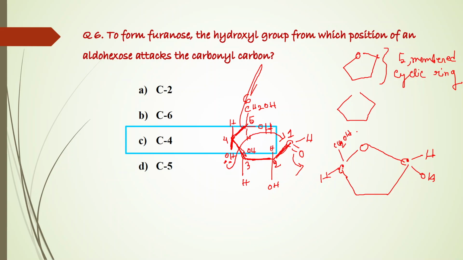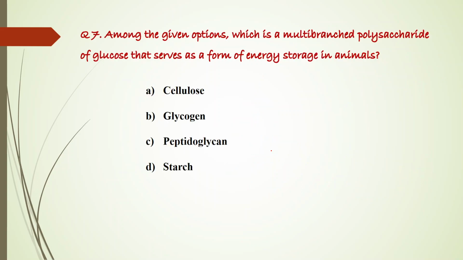Okay, so let us move to the next question. It states, among the given options, which is a multi-branched polysaccharide of glucose that serves as a form of energy storage in animals? I have discussed this question already.